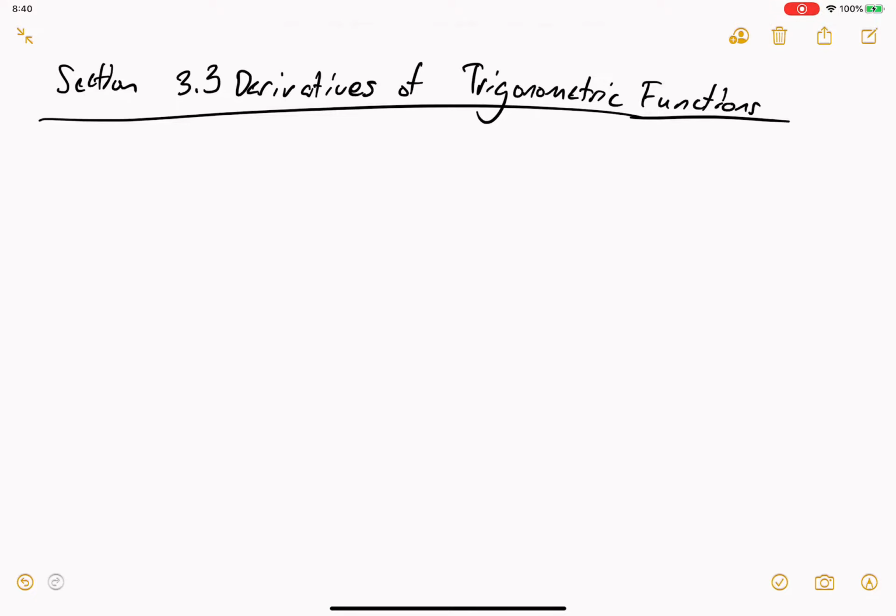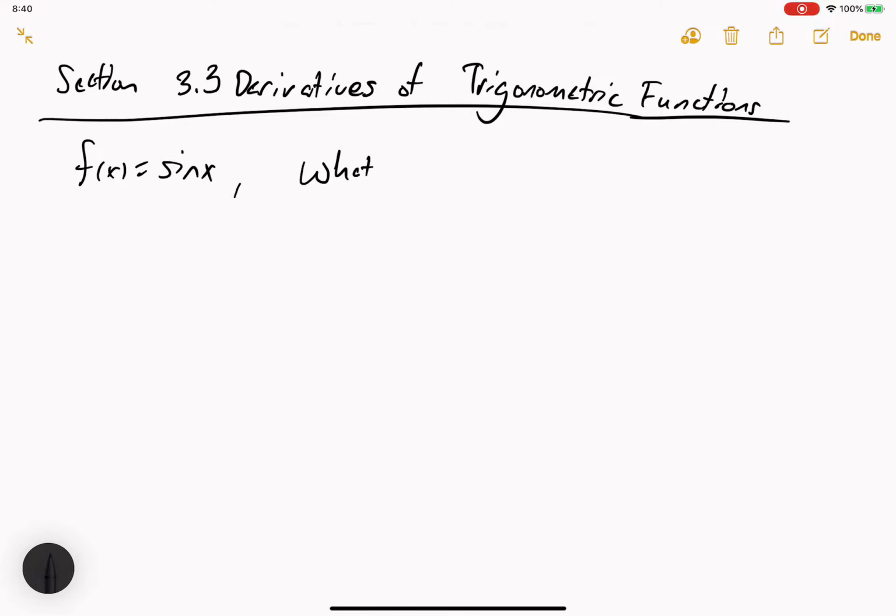So, first things first, we want to find some derivatives of trigonometric functions. Like, look at the function just sine of x. We want to find what the derivative is. Like, what is f prime?